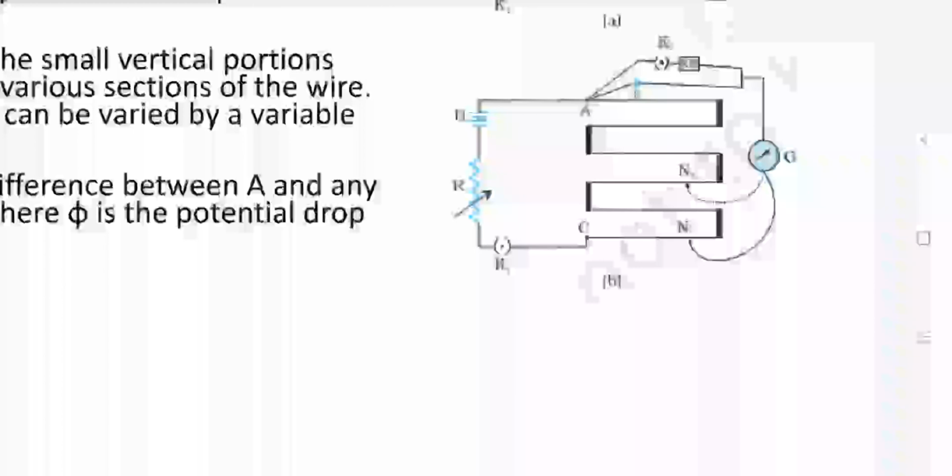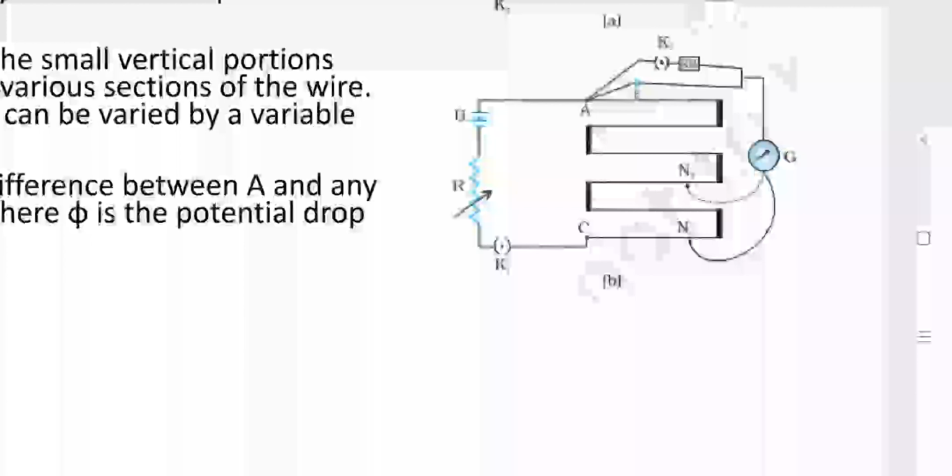Right? Now if switch K2 becomes closed, the resistance box comes into the picture, and at that time the galvanometer current Ig would become 0 at point N2. So at that time my potential difference becomes V equal to phi L2. V is the potential drop across the resistance box.